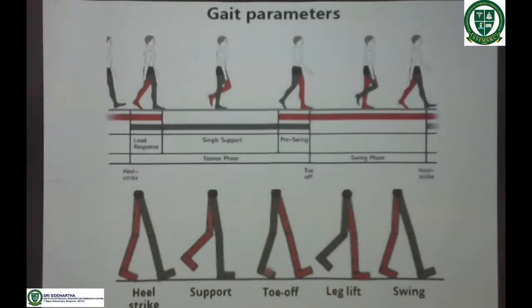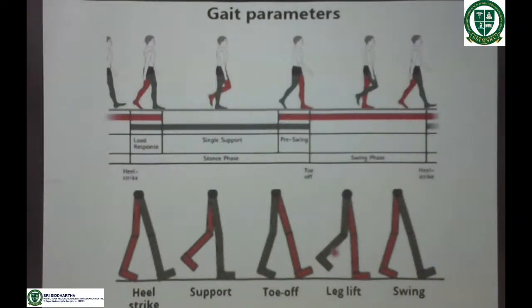This is plantar flexed. The knee is also in the extended condition. The hip is also in the extended condition. The knee is extended, and the ankle is in the plantar flexed condition.